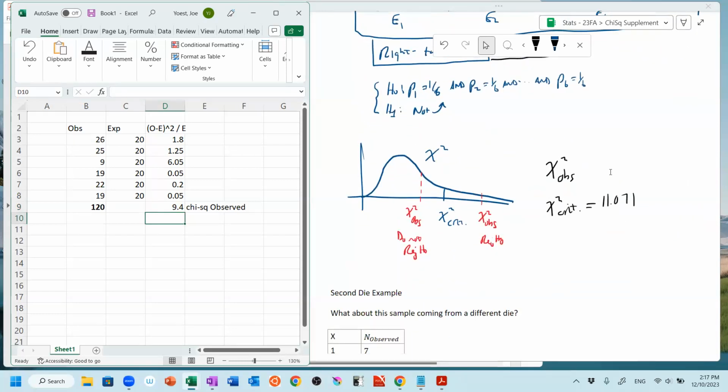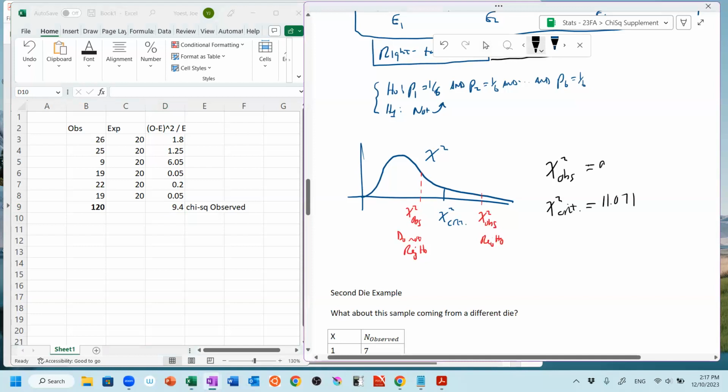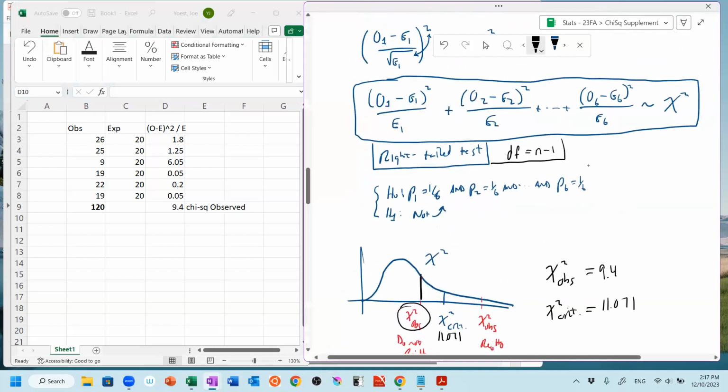So my chi-squared observed is 9.4. My chi-squared critical is 11.071. My chi-squared observed is indeed to the left of chi-squared critical. This is a right tail test. Remember, because we get bigger chi-squared observed when we have bigger deviations between the observed and expected data, or when there's more evidence that the die is unfair.